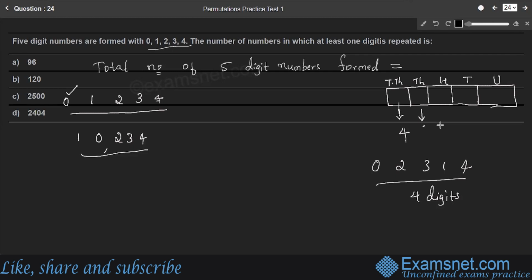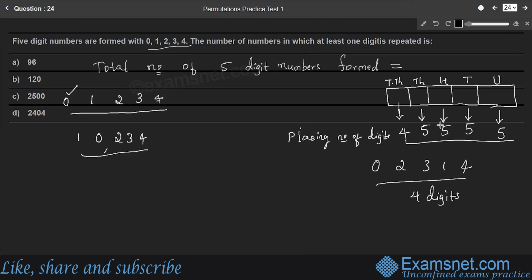Therefore, in the thousands place you can place all 5 digits, and also in the hundreds place, tens place, and units place, you can place all 5 digits, right? So this part is the number of digits in the respective places.